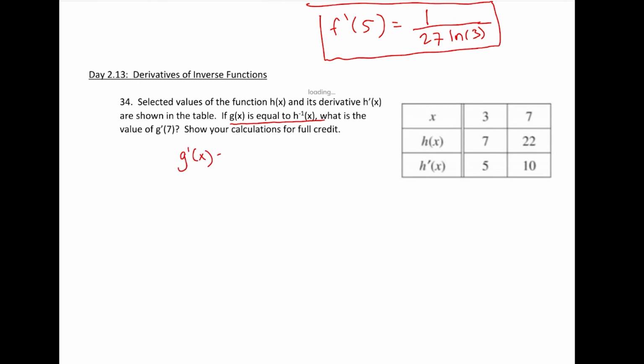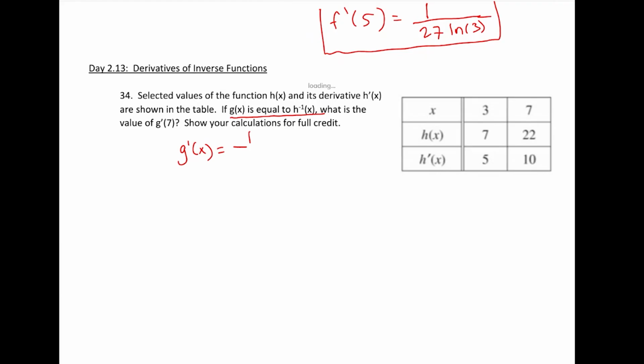Then g prime is going to be 1 over h prime of g of x. What's the value of g prime of 7? So g prime of 7 is going to be 1 over h prime of g of 7.